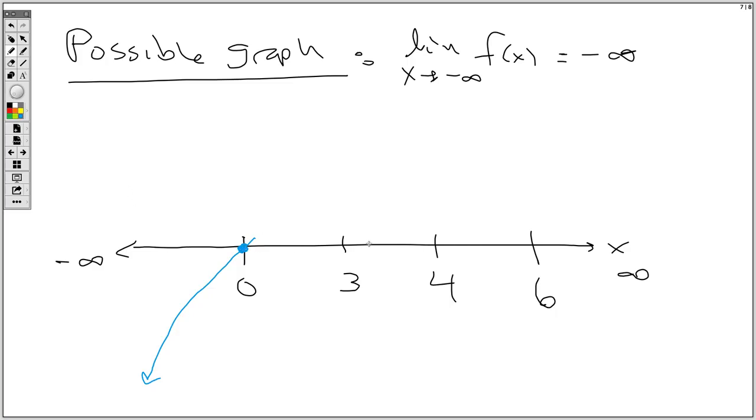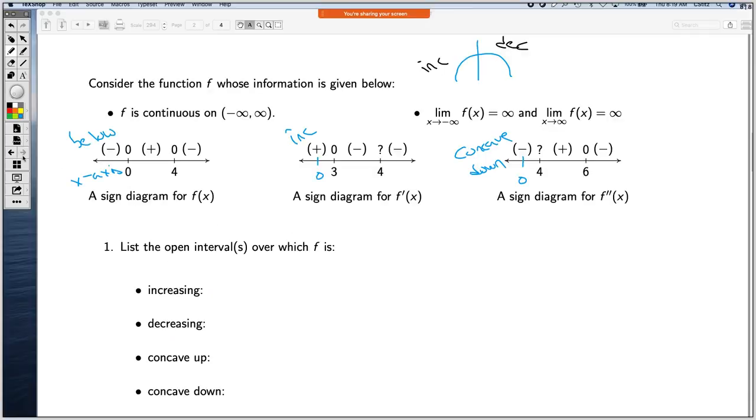Now what's going on between 0 and 3? Between 0 and 3, it's above the x-axis. So it crosses through at 0, and it's still increasing and still concave down.